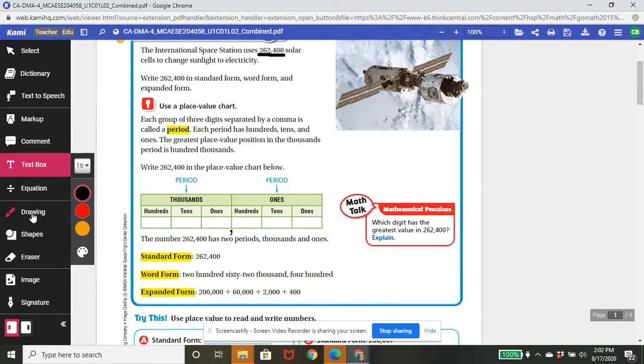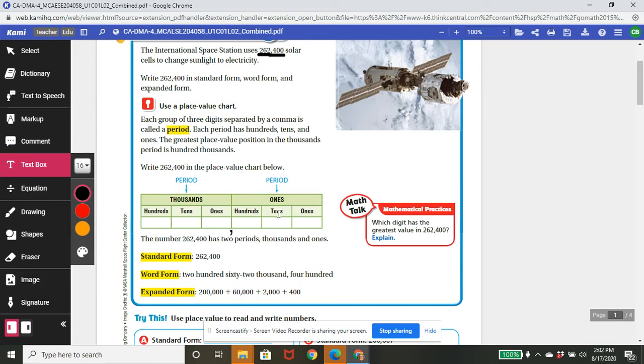And if it were to go on this way, it would go into the millions period. Okay? So we're going to take this number right here, and we're going to place it in the place value chart below. And just like we said yesterday, we're going to start on the right and go to the left. You'll find that we do this a lot in math. We start on the right and go to the left, opposite of the way we read.